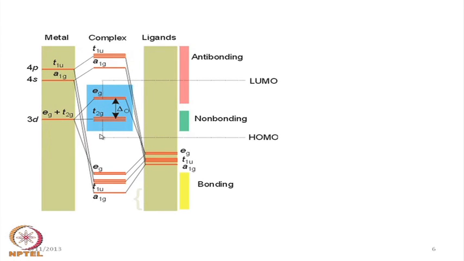So, this is the HOMO level, that means the highest occupied molecular orbital, because we are talking in terms of the corresponding energy levels for all these as well as these non-bonding levels. So, the metal ion or the metal atom giving the electrons which occupy the T2g level will serve as the HOMO level, which is highest in energy, and the eg gives the corresponding eg star level, which is the lowest unoccupied molecular orbital.